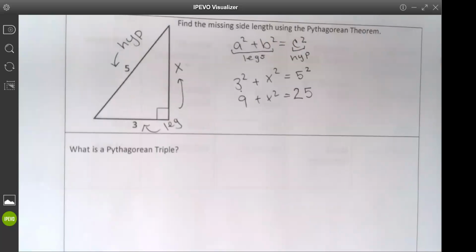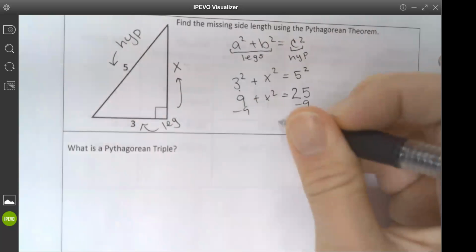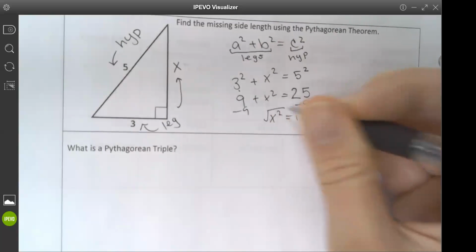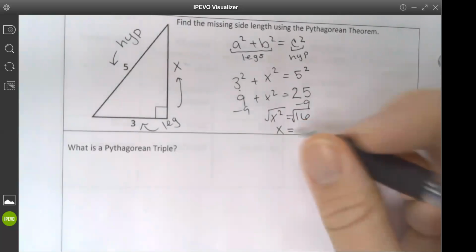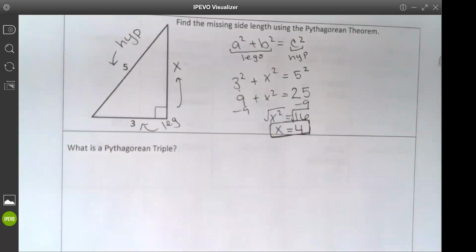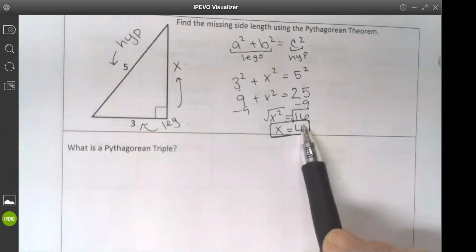What would I do? Subtract 9, which gives me x squared equals 16. To undo this being squared, I take the square root. What's the square root of 16? 4. So our missing side here is 4.